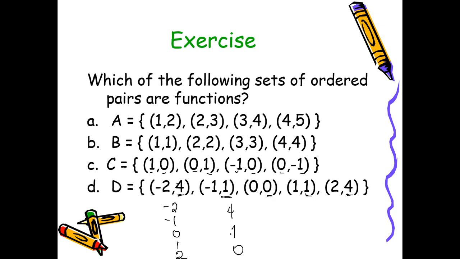Then, pagtapat-tapatin na po natin sila, parang matching type. So, -2 papunta kay 4. Ganon din si +2. Si -1 kay 1. Ganon din si +1. And then si 0 kay 0. Kung mapapansin ninyo, dalawang domain, isa lang po yung value ng range niya. So this is a many to one correspondence.